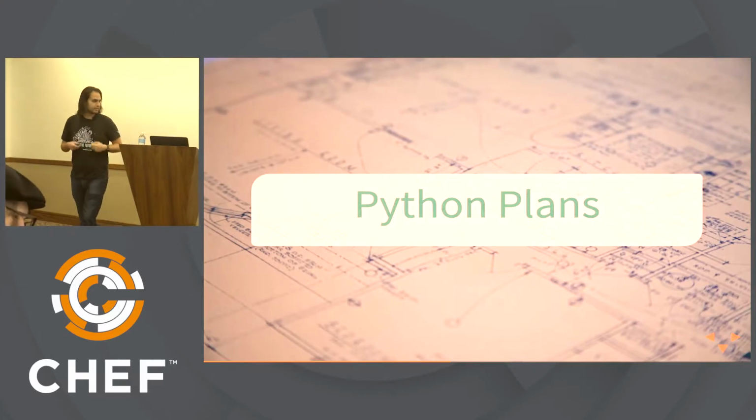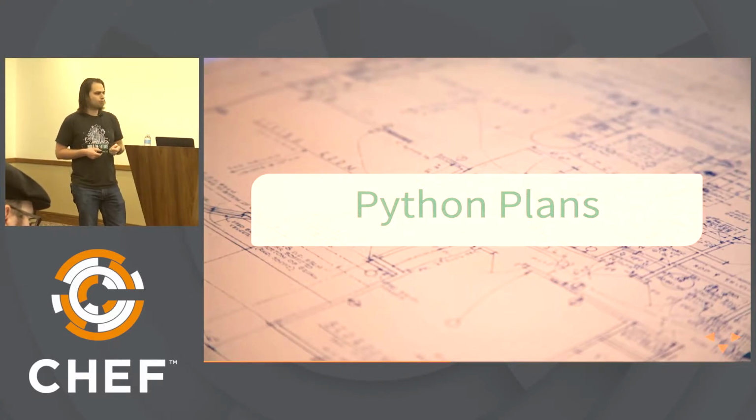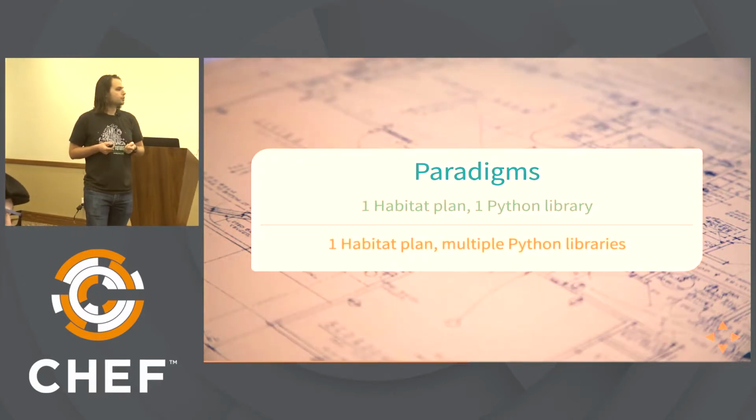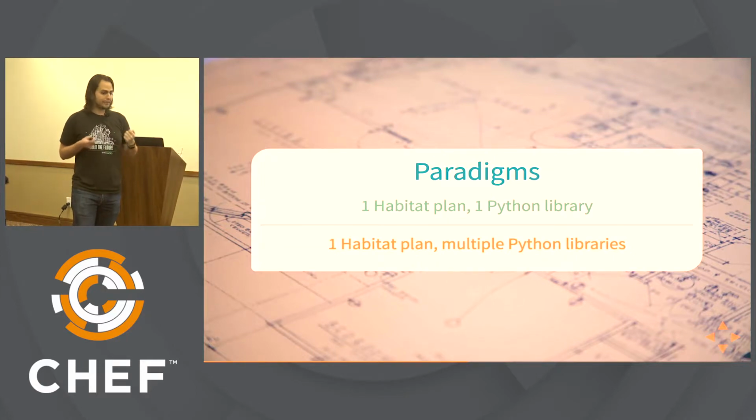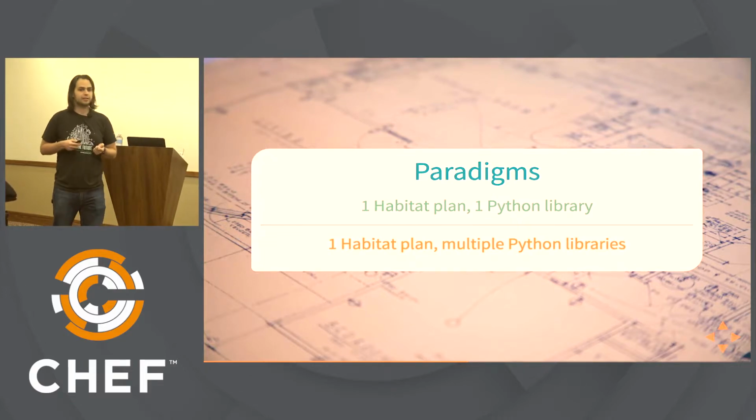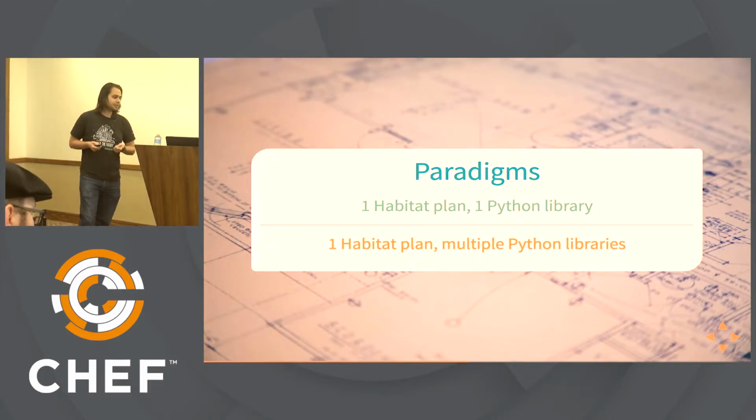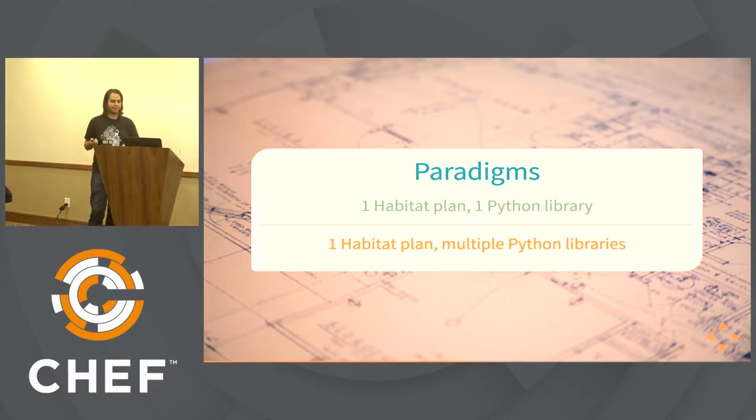And so this brings me to the next thing. What does it look like when you make a Habitat plan for Python packages? So I'm going to go ahead and run over that. You have a dual parity of ways to do it. You can do a Habitat plan to one Python library, or you can do one Habitat plan to multiple Python libraries. And essentially, there are advantages and disadvantages.